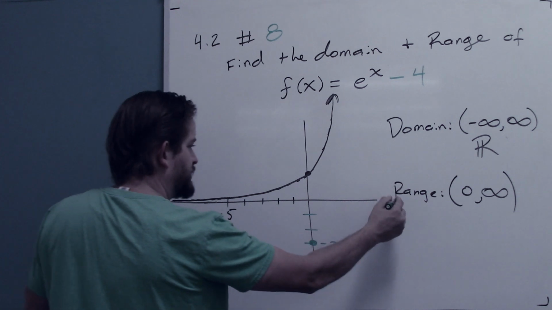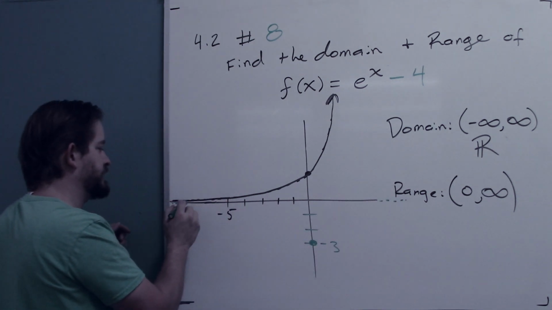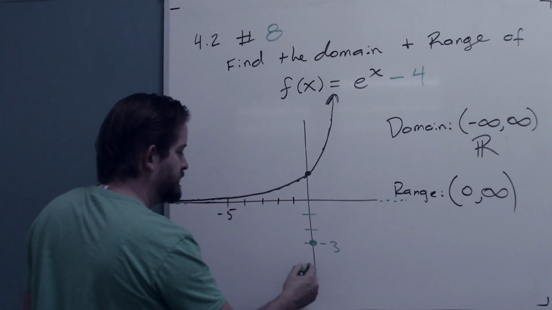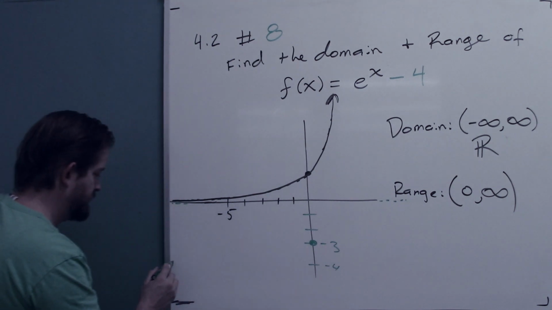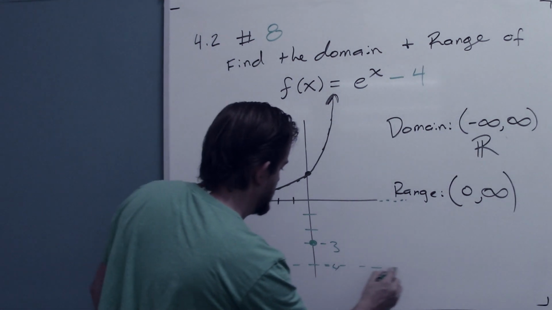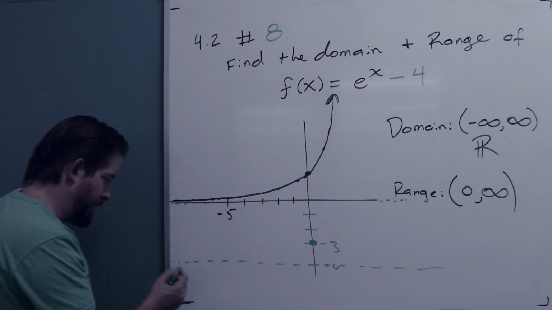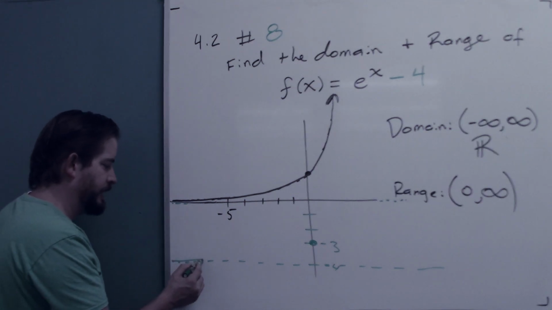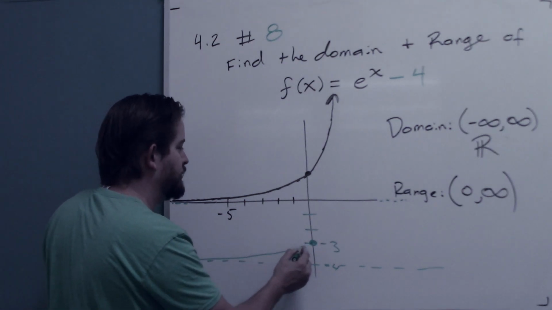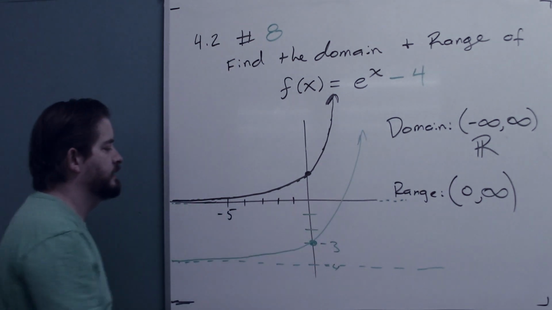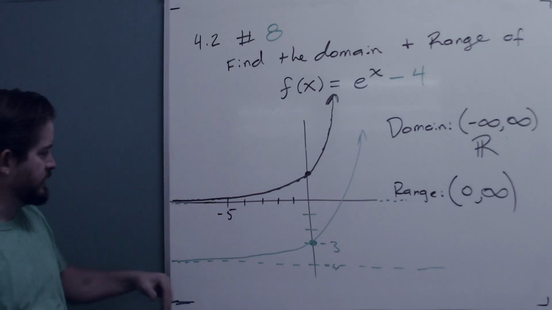This asymptote that I would normally have on the x-axis gets also shifted down to negative 4. So I'm now asymptotically leaving the line at y equals negative 4, but I go through that same exponential increase. Everything's just shifted down.